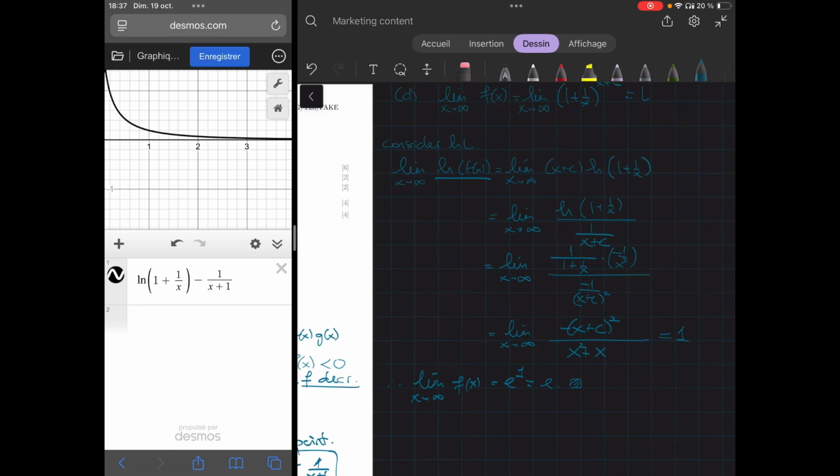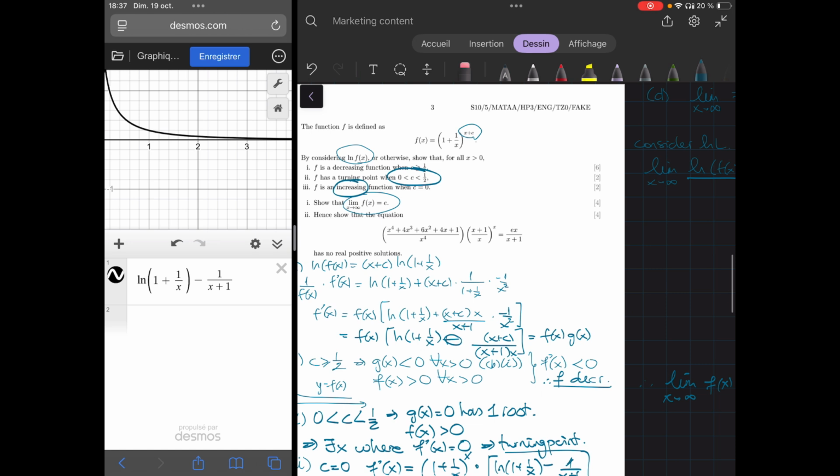Why is this important? It is important because now we are going to consider this massive equation over here.